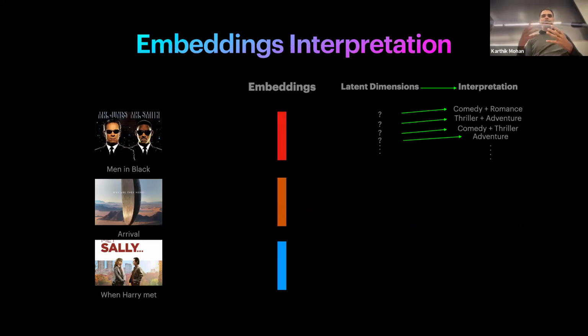And then the latent dimensions of embeddings, you can interpret as a combination of genres. Let's say you had 128 dimensions for a movie. What do those 128 dimensions actually represent, right? Typical interpretations are based on the data. In this case, the data is for movies, so likely it's going to be a combination of genres. Like this, if you see, even Netflix says it's a romantic comedy movie with some action, or this with that.